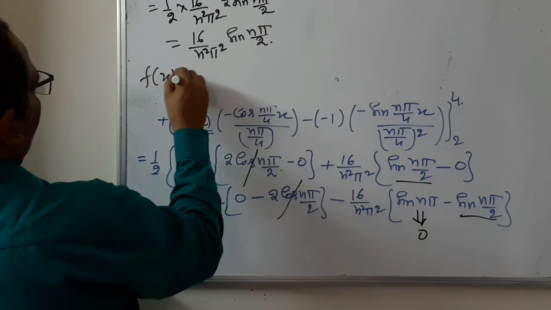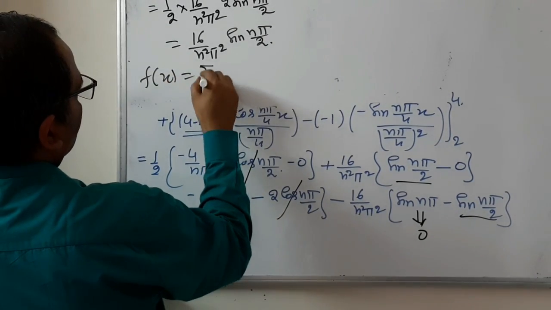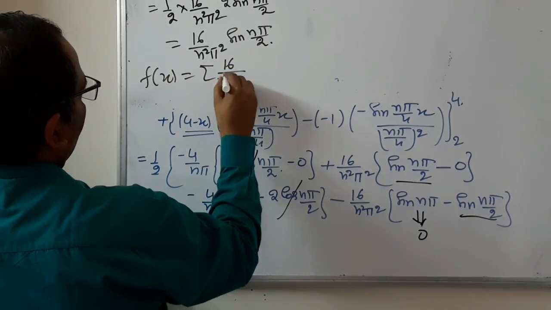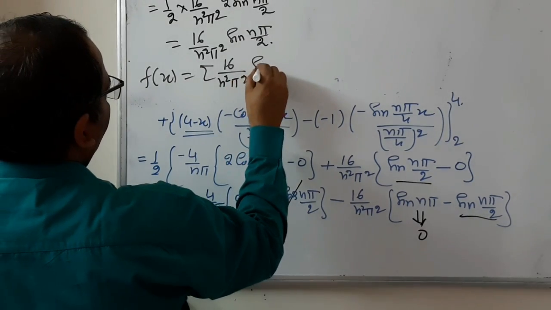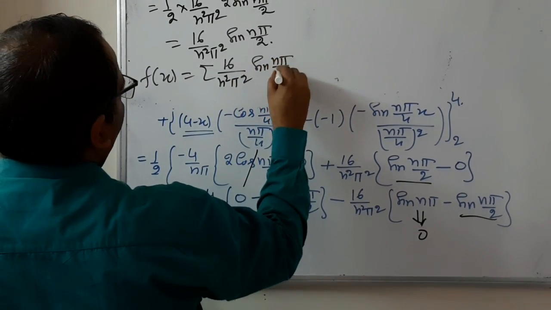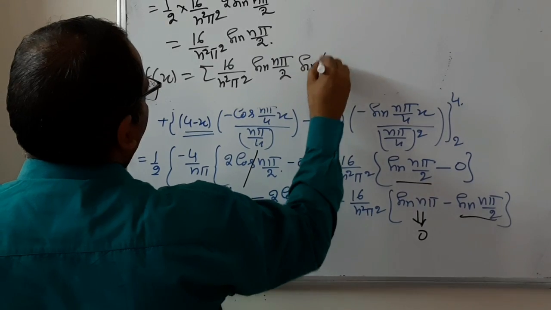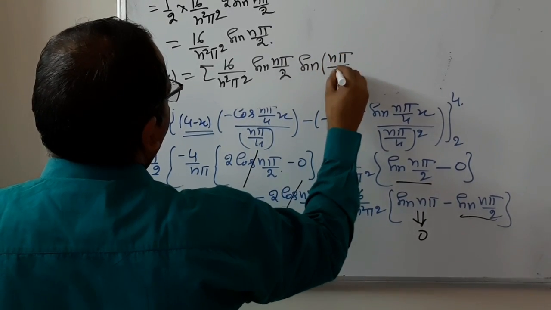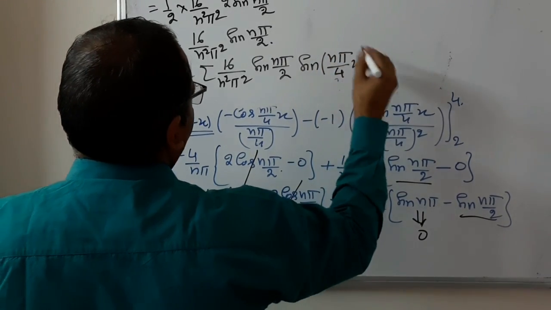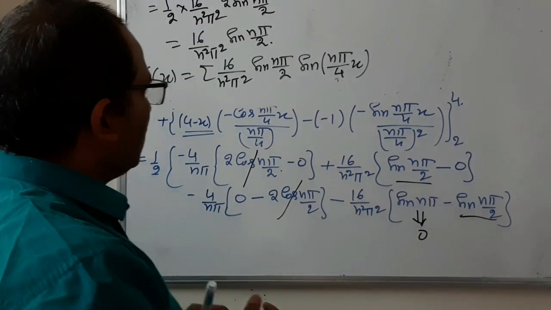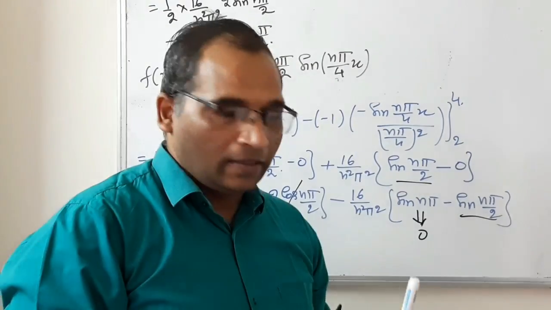So we can write f(x) is equal to sigma of 16 upon n square pi square sine of n pi by 2 into sine of n pi x upon 4. This is the half range Fourier sine series of this one, right?